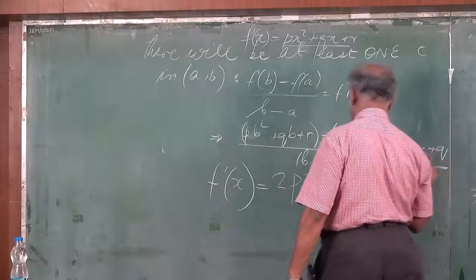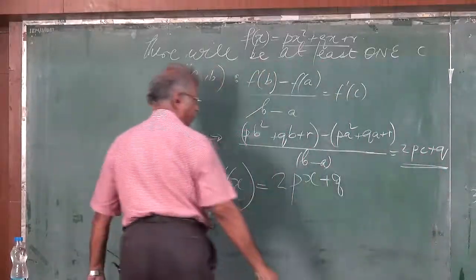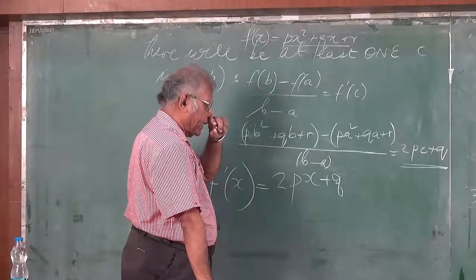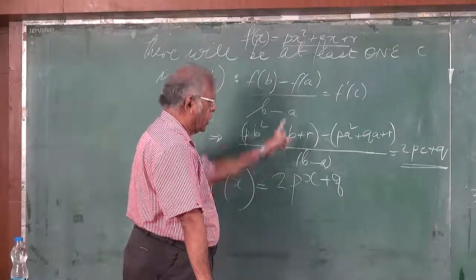This is f dash c. So we will demonstrate that there indeed is a value of c, and we will get to the business of theta a little later.